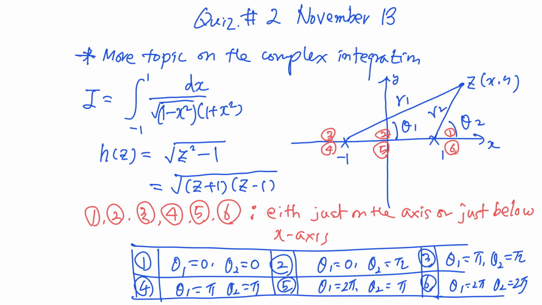And this is actually the square root of r1 r2, exponential of i times (θ1 plus θ2) over 2. So you still need to make a copy of this diagram.